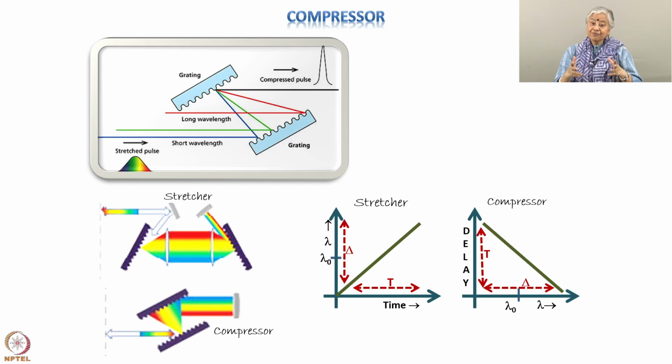That is why it is preferred over a fiber. So, whatever is the input pulse here in case of a stretcher, at the output of the compressor, these should be identical, whether in time or in space.